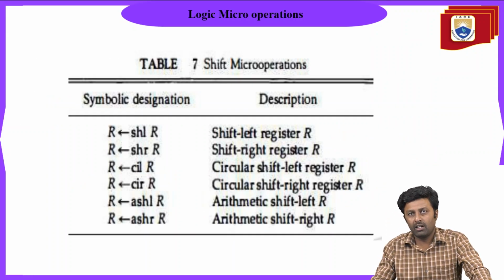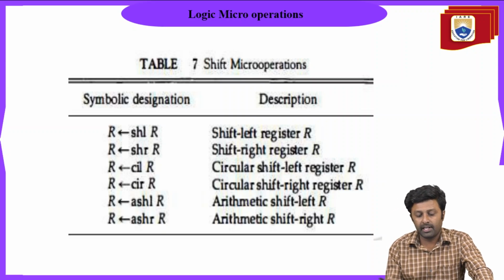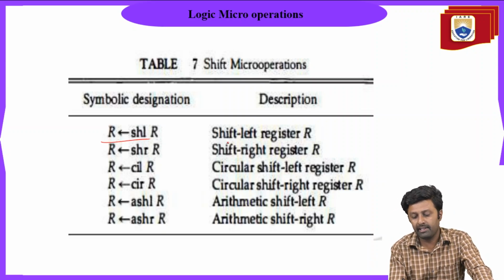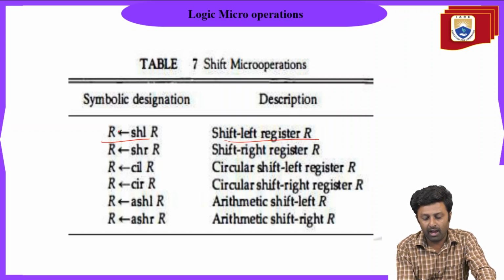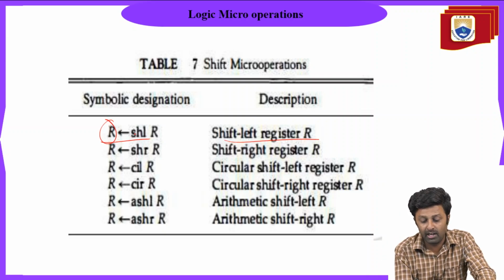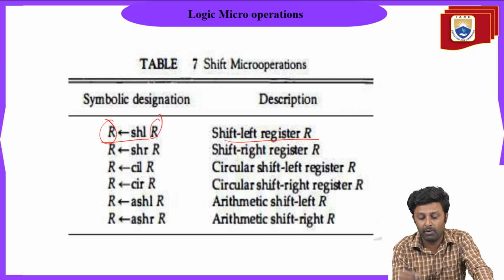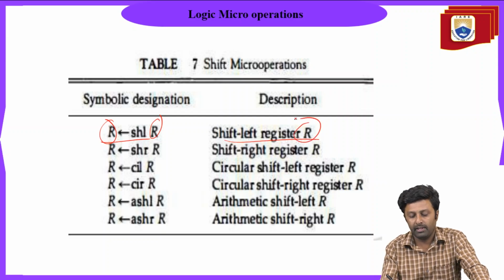So this table shows the different shift operations. Here the symbols are given, and here is the description. SHL R means logical left shift the content of R by 1, that is, it will left shift the content of the register R by 1.